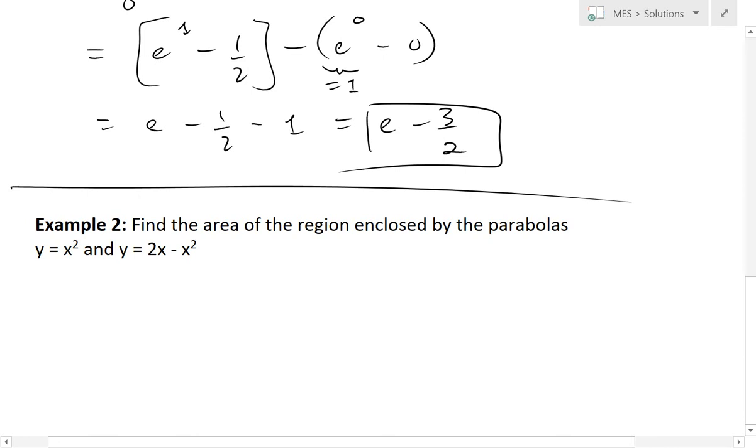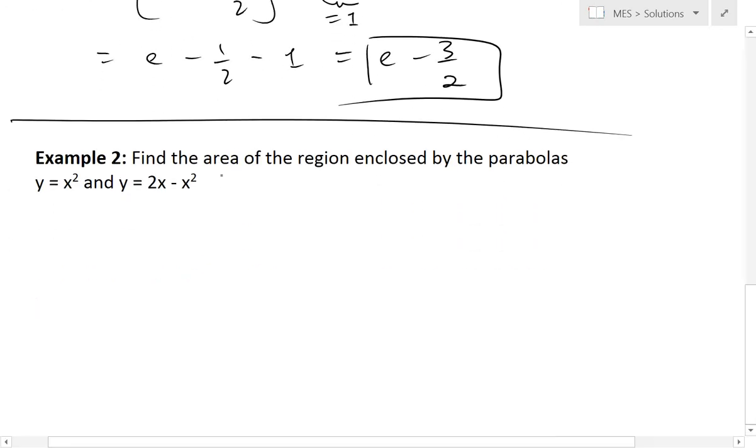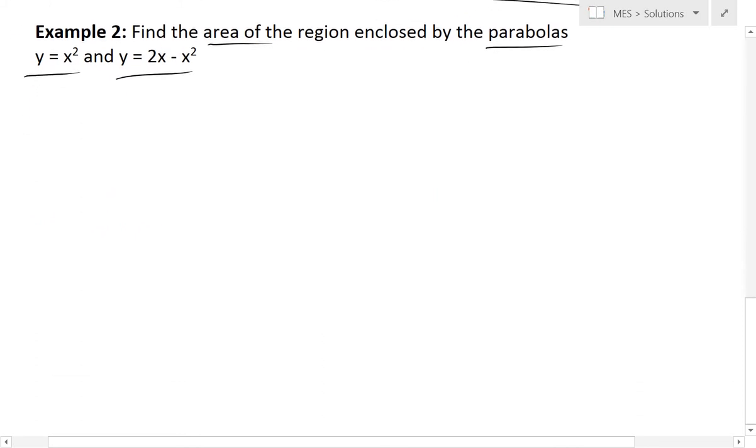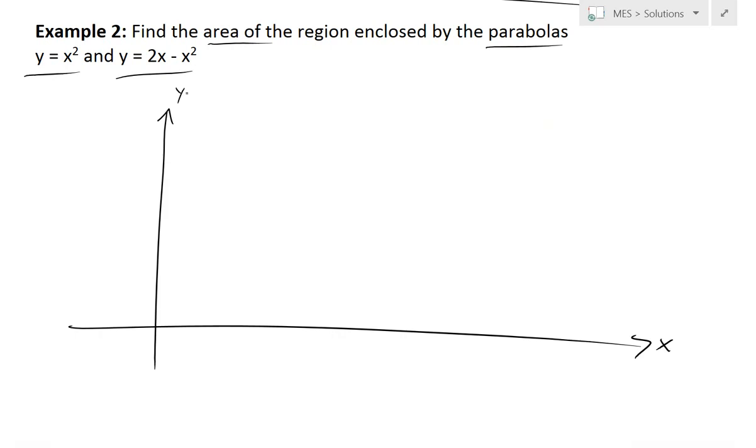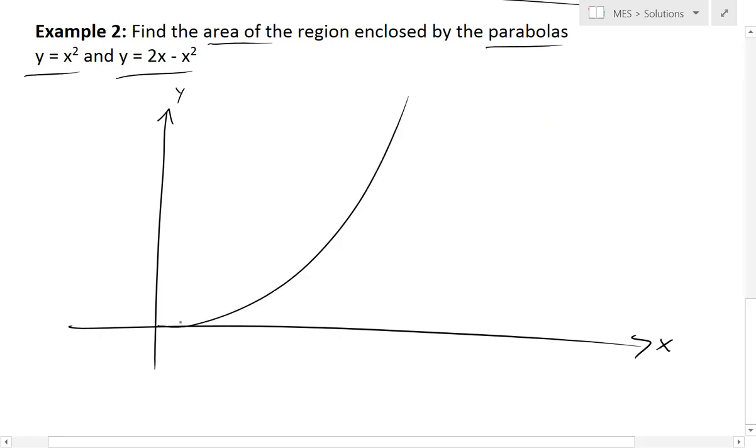And now that brings us to example 2, and the difference with this one is we're not given the points x equals 0 or 1, etc. We're just asked to find the area of the region enclosed by the parabolas y equals x squared and y equals 2x minus x squared. So if you were to draw this out, y equals x squared looks something like this.